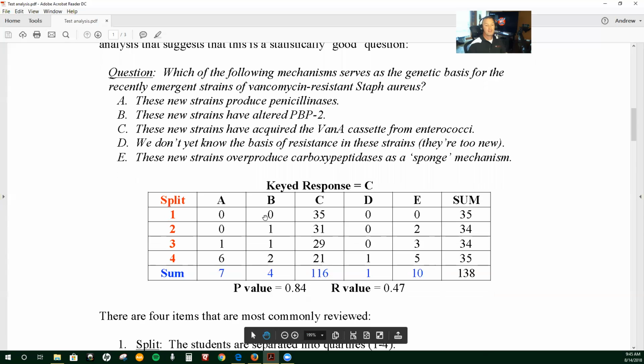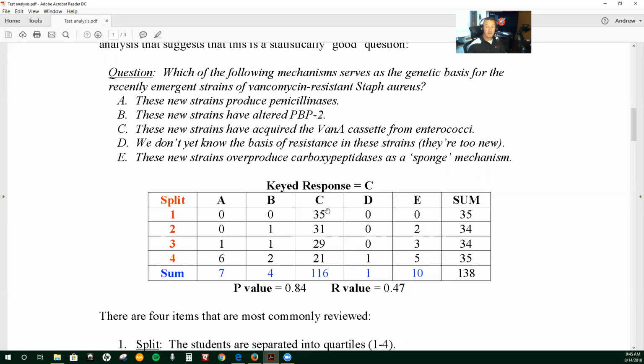The software is going to break out the students by group, top 25%, next 25, next 25, and bottom 25. And then it is going to evaluate how the bottom group did compared to the top group and the middle group and so on. If you look at this particular question, the people who did the best on the exam got the question right, all 35 of them.